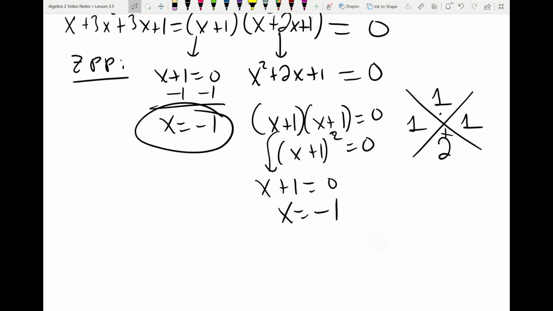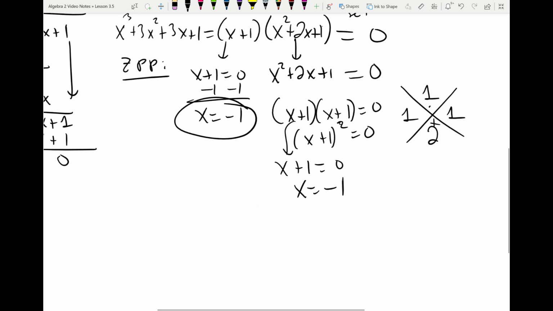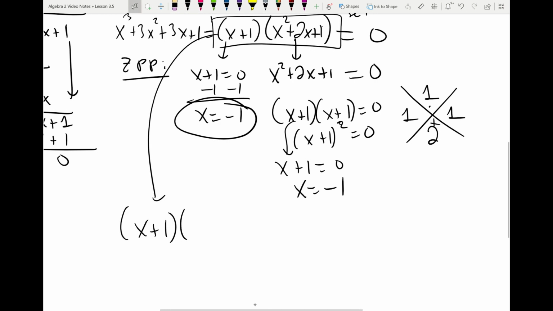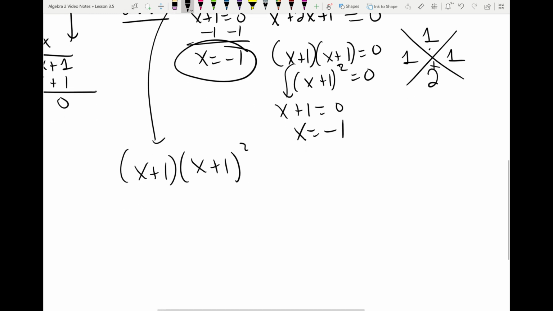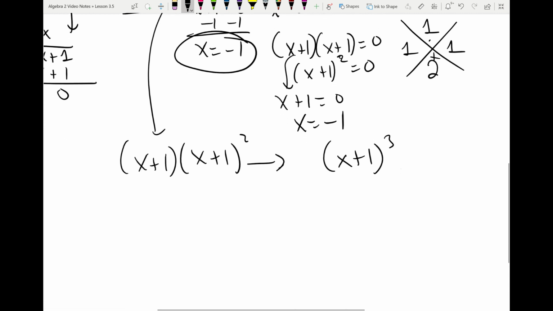So since this factored, let's rewrite that. Let's take this guy and rewrite it into x plus 1, and then this became x plus 1 squared, right? The second part. So this is really x plus 1 cubed if you rewrite it. So this is actually x plus 1 cubed, funny enough. So we only got one zero, negative 1, out of this.